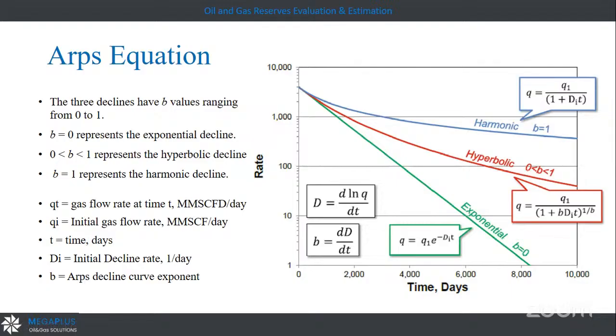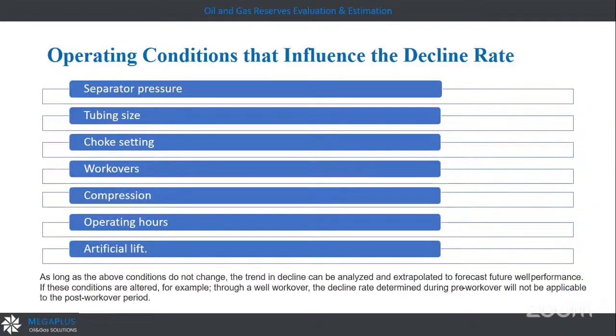But after we have a decline and production, before I finalize the decline curve analysis, we have to mention that I must have the decline of the reservoir. So no change will happen in the separator pressure, in tubing size, or in choke setting. No workover happened in that time interval of the decline. No compression station or compressors added. Operating hours: when I mention the production across time, it must be over 24 hours, because maybe there is a production of 12 hours.